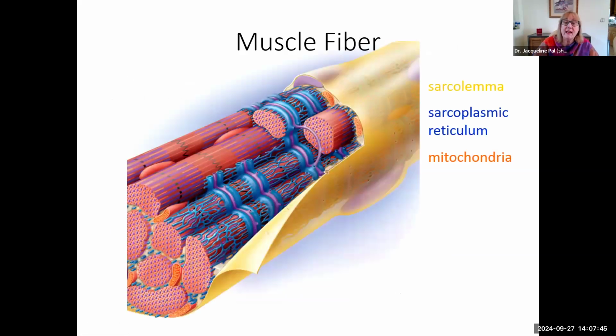Okay, looking at another picture, just so you get used to looking at different pictures. Here, the sarcolemma is yellow. The sarcoplasmic reticulum is still this blue stuff, and the mitochondria, this time it's showing lots of mitochondria in orange.